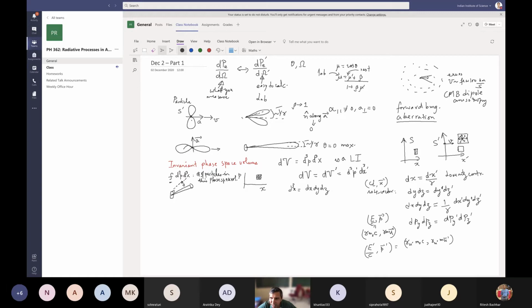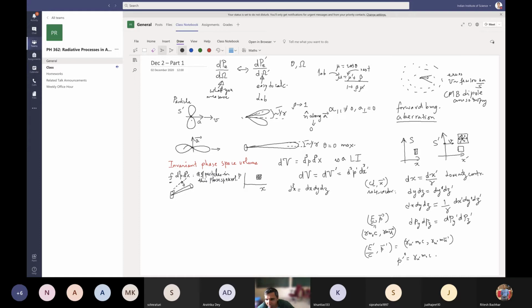Right, so this U prime, we are actually considering a small spread in the velocities. So this P prime 0, the zeroth component, is gamma U prime m naught C. And what I'm saying is there is a small spread in U prime.